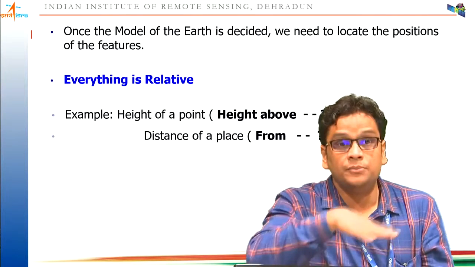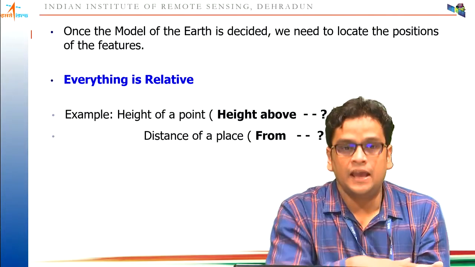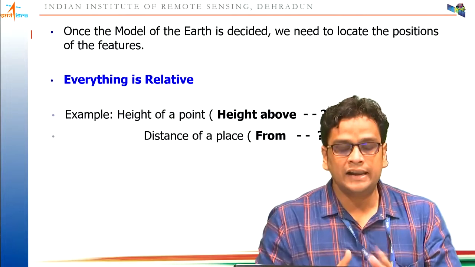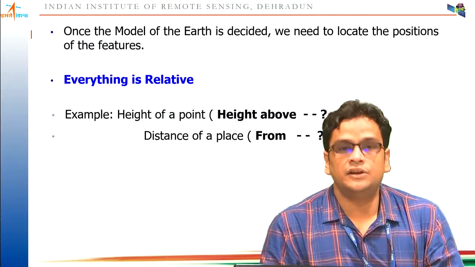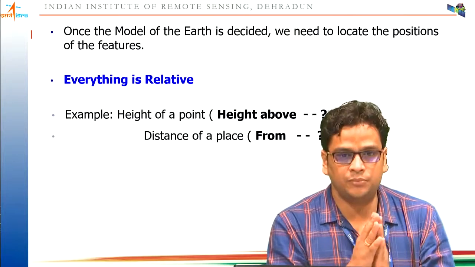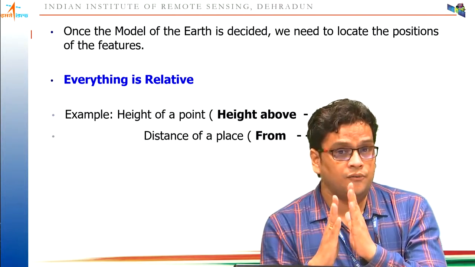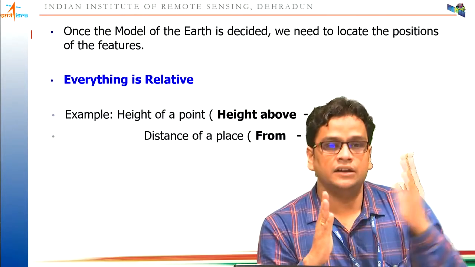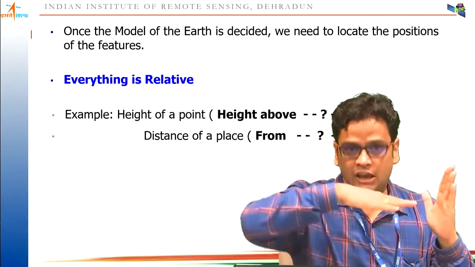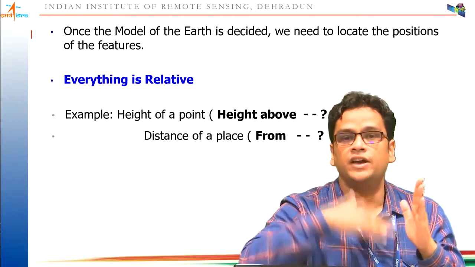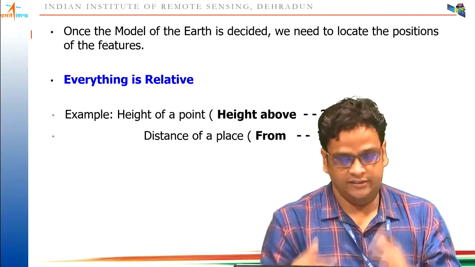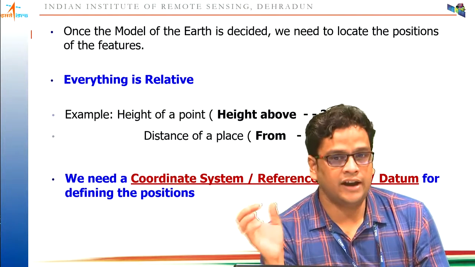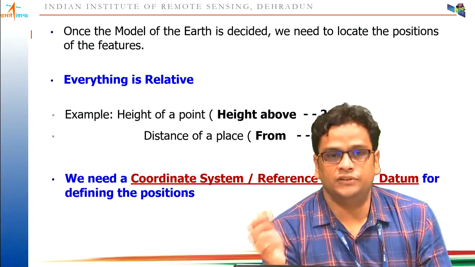Anything can be there, so we need to define some reference point. Similarly, distance of a place is from where? My latitude and longitude, suppose 78.3 or 78.1, are measured from where? I define a certain position, like the Greenwich meridian as 0 and the equator as latitude 0, from where I measure my coordinates. So we need some coordinate system or reference system for defining our positions.